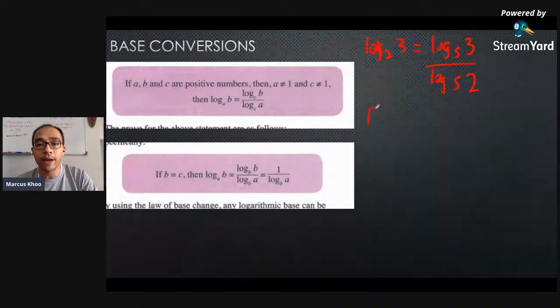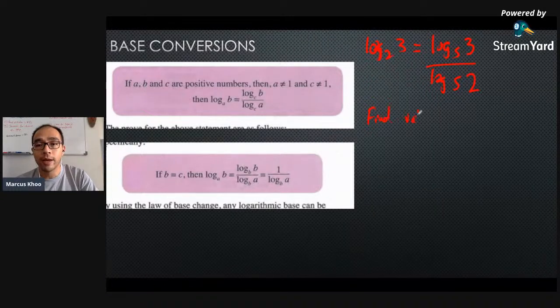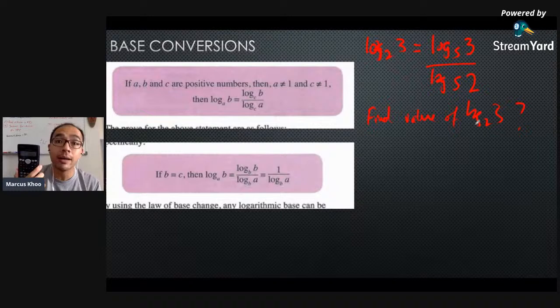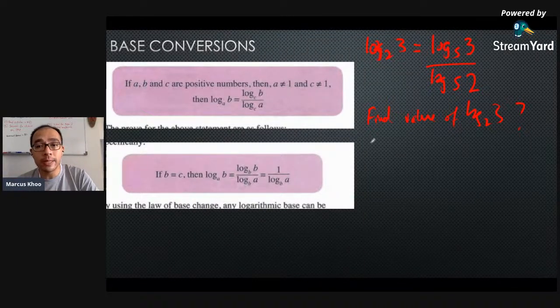Now, what if I want to find the value of log base 2 of 3? In your calculator, there's only two types of logs, which is the log base 10 and the natural log. So we can use base conversions to help us.